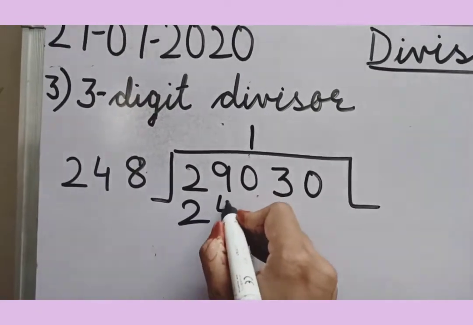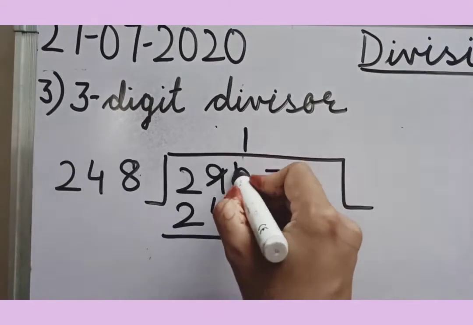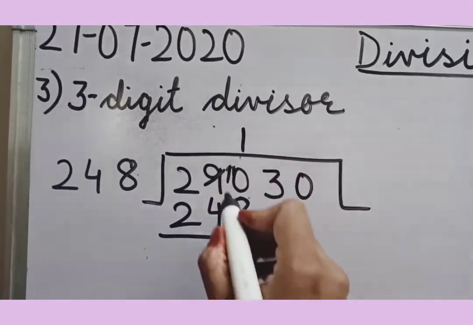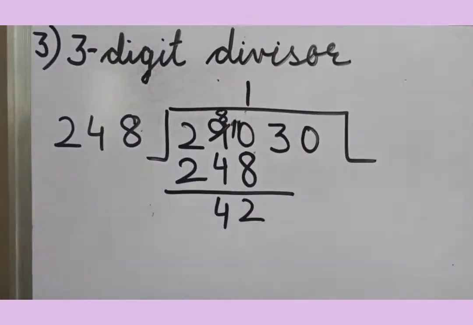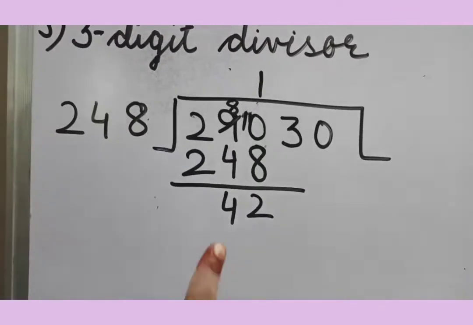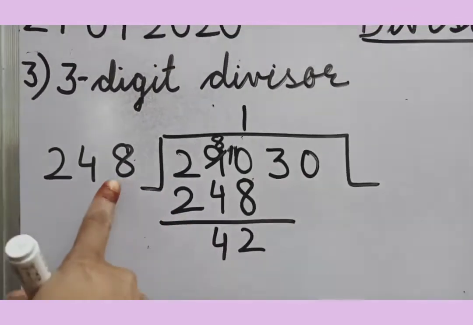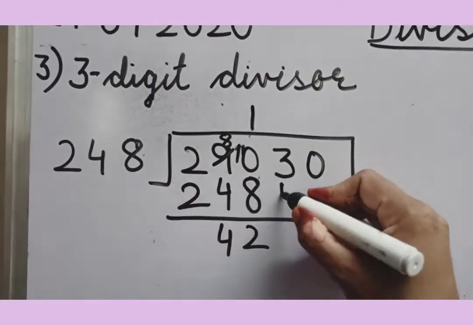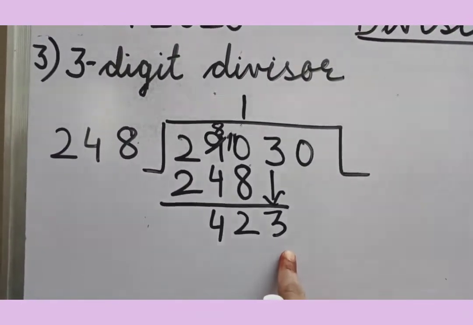It is 248 only, and after the subtraction, with borrowing, you get the answer 2, this becomes 8, and this is 4. The best method to check your answer is that after every subtraction, the remainder which you are getting should always be less than your divisor. So bringing the next digit down, now this number is 423.